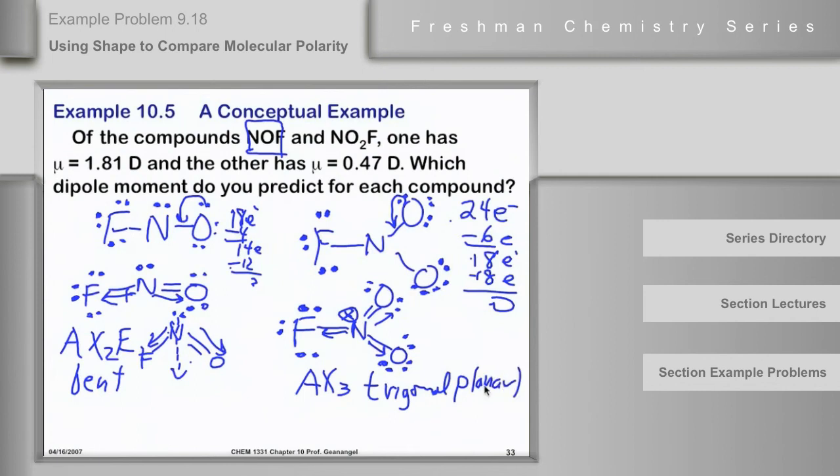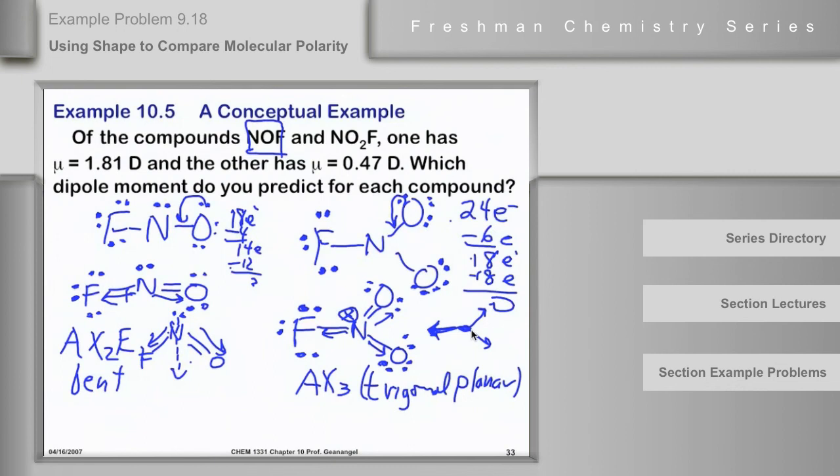Okay, so we have 3 bonds that are trigonal planar, and the bond vectors, the NF one ought to be a little bit larger than the NO ones. So these things will partially cancel, but not completely cancel.